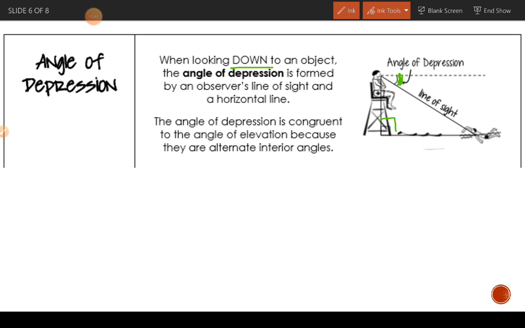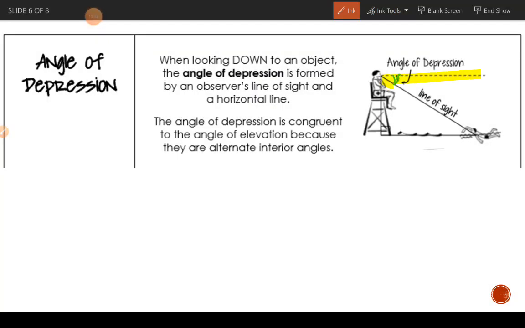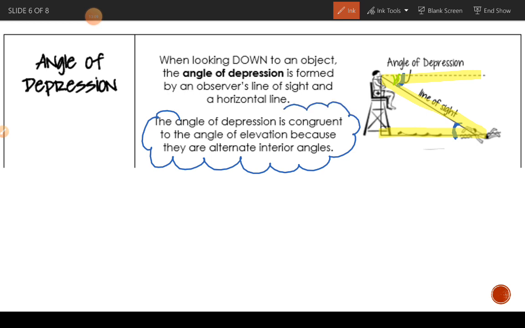All right, but because this is creating that Z pattern, those Z angles, we have alternate interior angles. So what does that mean? That means that this angle is going to be congruent to this angle, okay? So the angle of depression is going to be congruent to the angle of elevation because they're alternate interior angles, which in my class I call them those Z angles. They're the insides of that Z, okay?